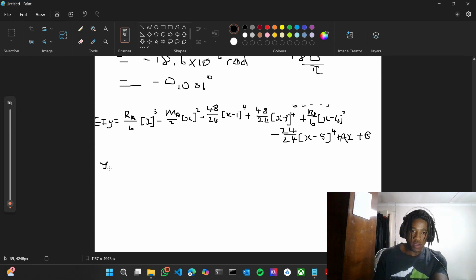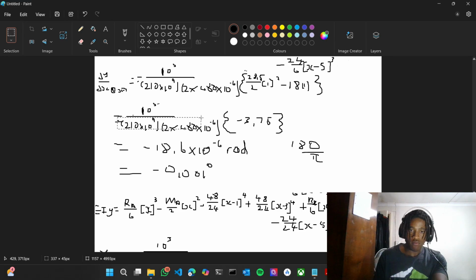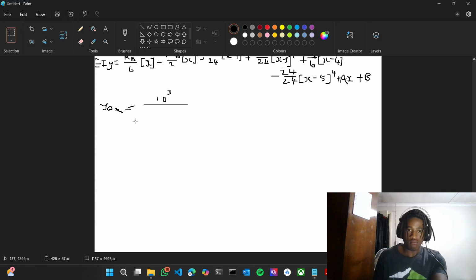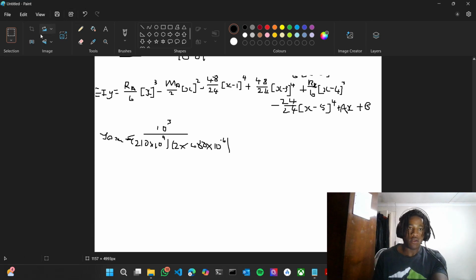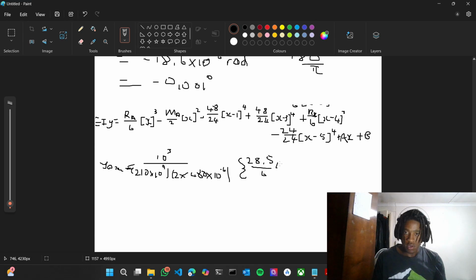Alright, so y at 7 meters is equal to the same 10 to the 3 over, and so put things in here now. 28.5 over 6 times 7 cubed minus 18 over 2 divided by 7 squared.